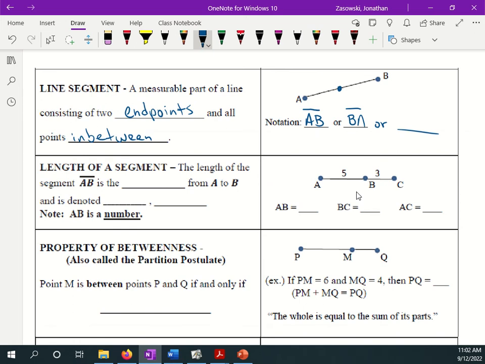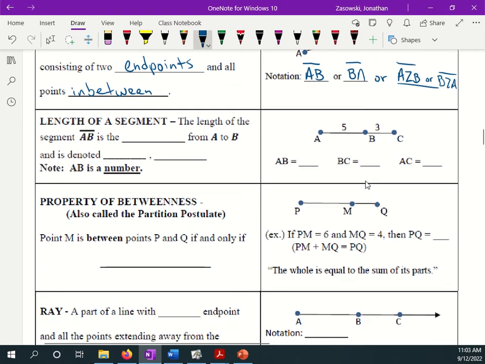And if there's a third dot in the middle, which we call Z, you can also use the 3 letters, but it has to start and end with the endpoints. So you could call it AZB, right? Or BZA. As long as Z's in the middle there, we know what we're talking about, okay? Unlike a line, that matters.